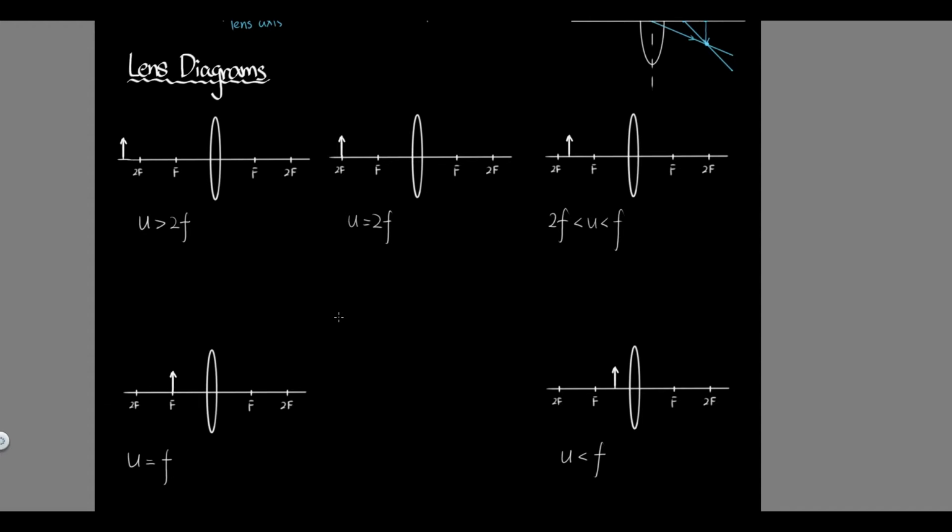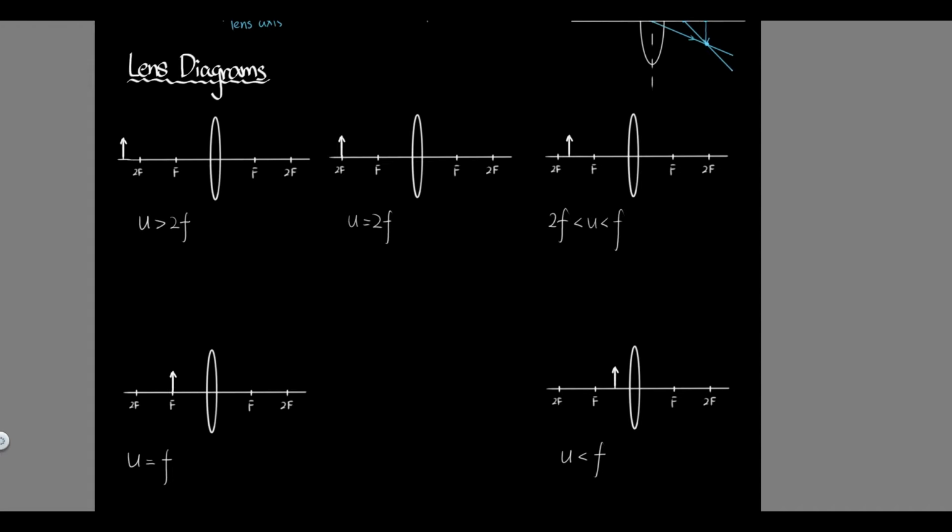It's also useful for solving problems about where the image is located, even if they didn't give you a lens diagram, because you can draw one yourself and see for yourself, and you don't really need to memorize all of these.